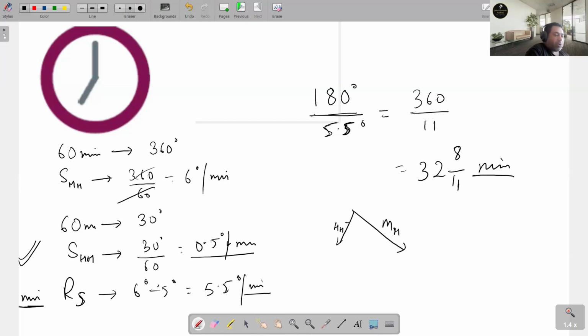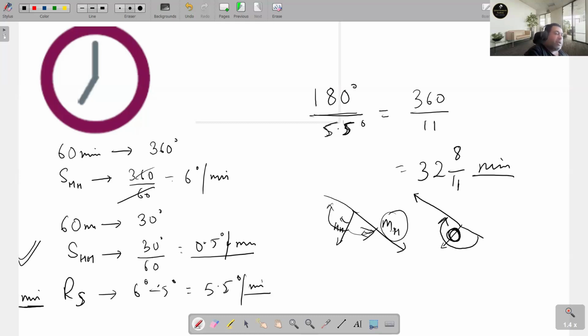Now both are moving. Only thing is that this one is faster. In the second instance, this one will be a little bit on this side, and this time this one has moved on this side. So relative to this, it has covered an angle of 180 degrees, because it was 90 degrees on this side first, and now it is 90 degrees on this side. So it is 180 degrees.